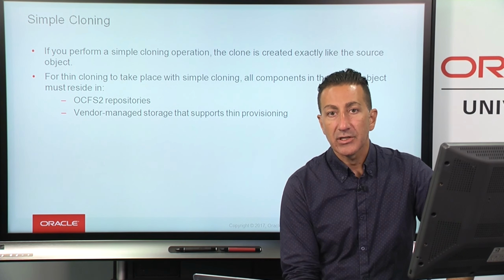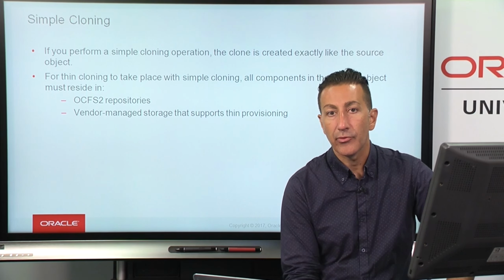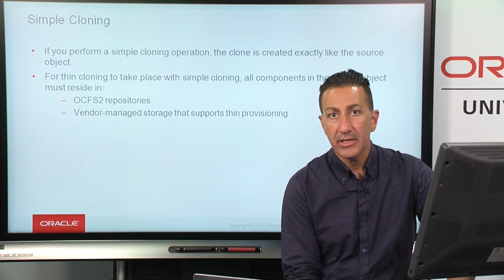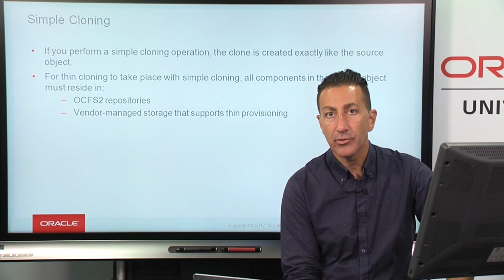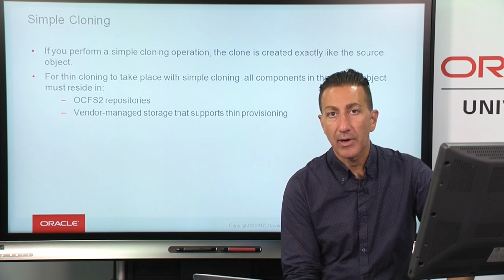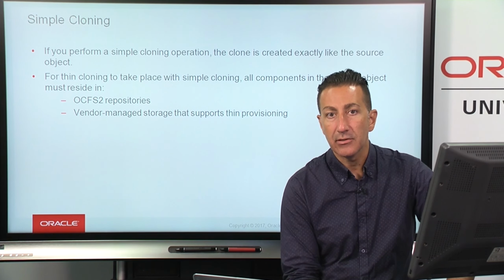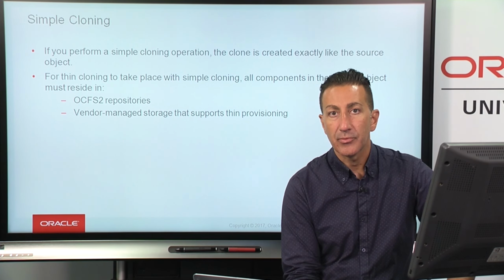For thin cloning to take place with simple cloning, all components in the source object must reside in the OCFS2 repositories, or, for example, in vendor managed storage that supports thin provisioning. And as you know, we have the storage connector initiative that gives multiple storage vendors the option to develop plugins that we are able to install in the Oracle VM servers.